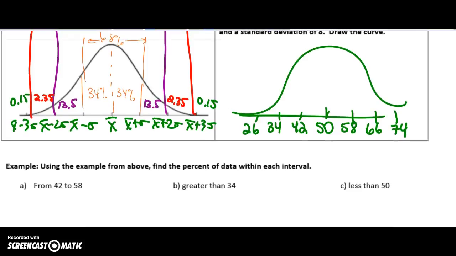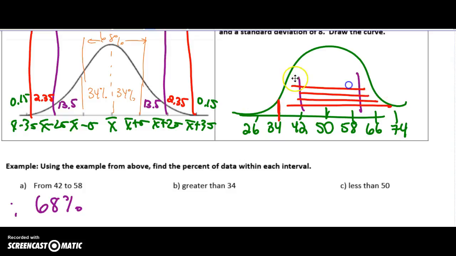So the first one says, using the example from above, what percent of the data falls within each interval? So 42 to 58, well, those are both within 1 standard deviation away. So that would be our first one, which is 68%. Greater than 34%, so that would be this and everything to the right.